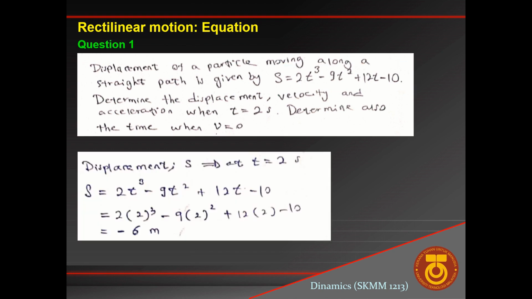Displacement directly we have this one. They want the displacement at t equal to 2 seconds, so from this equation, you just replace all the t by 2 seconds, and then you calculate, you get s equal to minus 6 meters.